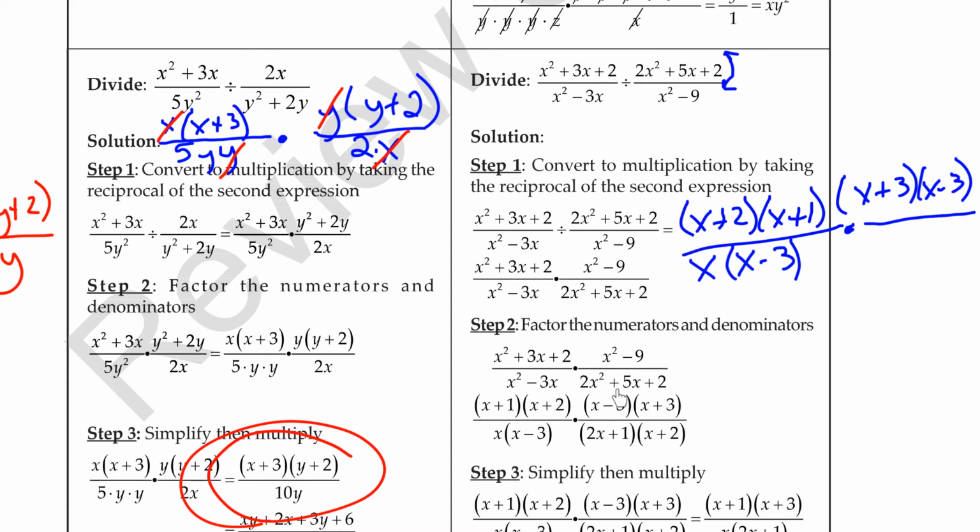They're right there. You really should pause this video right here and factor it yourself, because that's the only way you're going to learn. 2x plus 1 times x plus 2. That's x plus 2. I'm having some trouble here, I'm sorry.